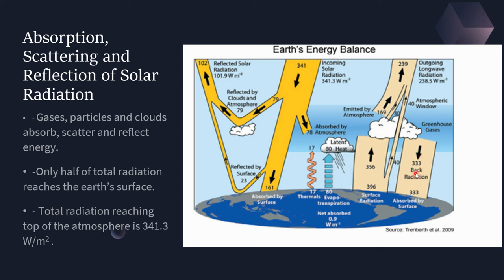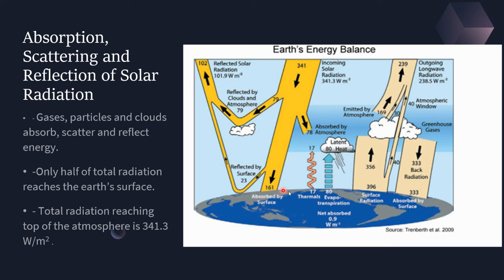There you can see some of these figures, like 333 back radiation. As far as I know, you won't be asked anything about this one, but it's also relatable. If you follow through the figure, you will be able to understand it. So the main point is, among the 341 that is coming to the Earth, 79 is reflected by clouds, 78 is absorbed by the atmosphere, and 161 is absorbed by the surface of the Earth.